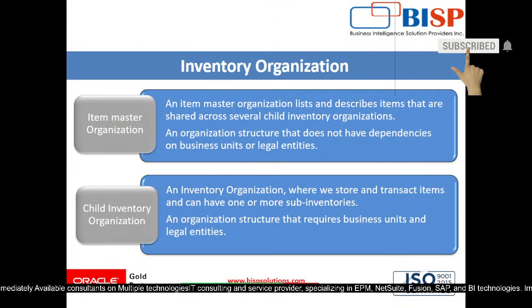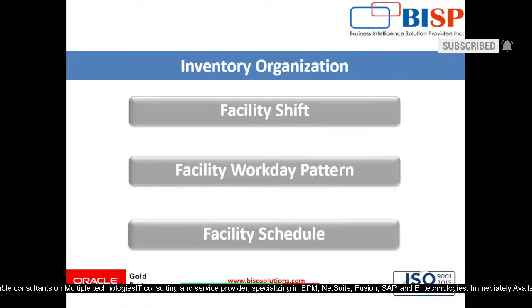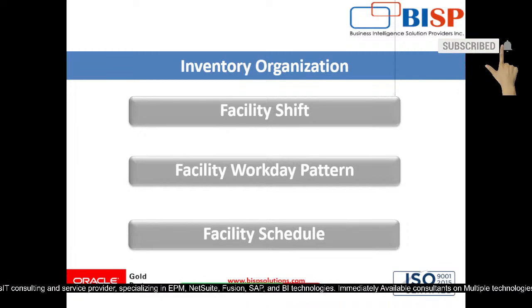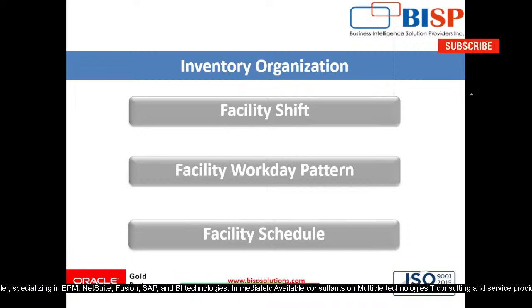Now let's move over to the slide. We have, in another inventory organization, the facility shift, facility workday pattern, and facility schedule. So when we create an inventory organization, or you can say the child inventory organization, we have to define the schedule.